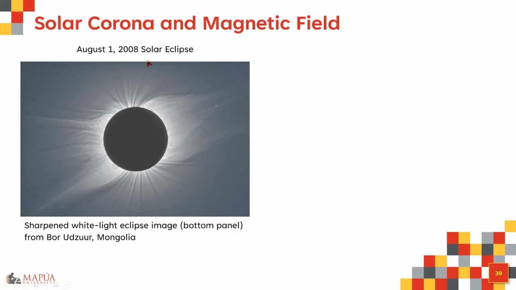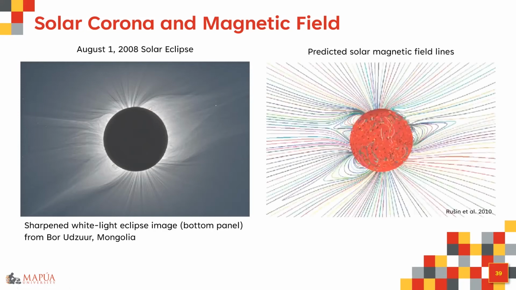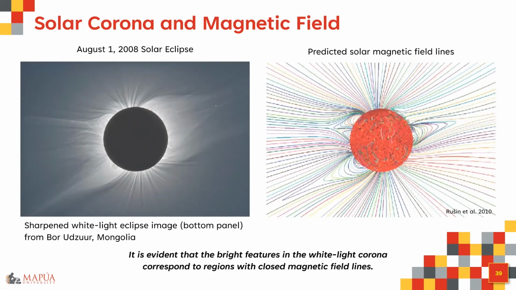So you will see some of the features here, and this actually corresponds very well to the predicted solar magnetic field lines. So this is the solar magnetic field lines that corresponds to the features of the sun. You will notice here that it is very evident that bright features in the white light corona correspond to the regions with closed magnetic field lines.